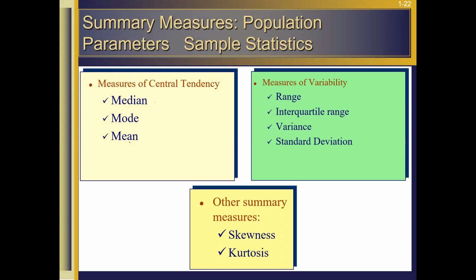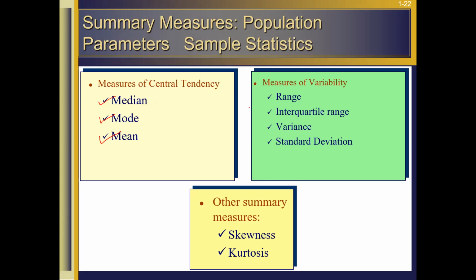There are some other kinds of means, like the harmonic mean, but we are talking only about the mean here. So remember, one is the median, the other is the mode, the other is the mean. That is called measures of central tendency.